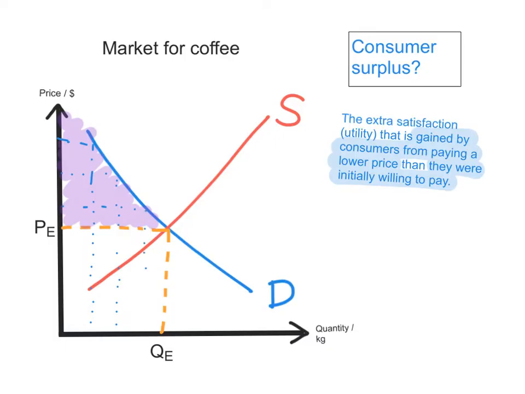If you look at all the prices above the equilibrium, all of these consumers will gain some consumer surplus because they will still end up paying the equilibrium price. So the shaded triangle under the demand curve, this triangle here that's shaded in purple, that's the total consumer surplus earned or gained in the market.